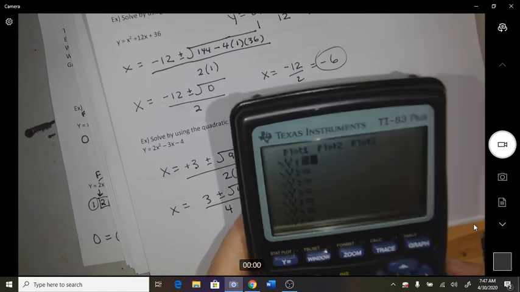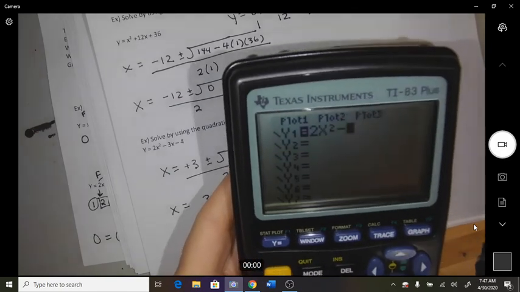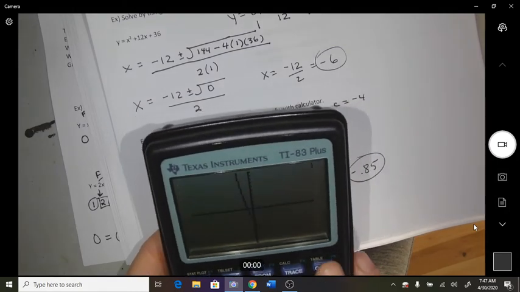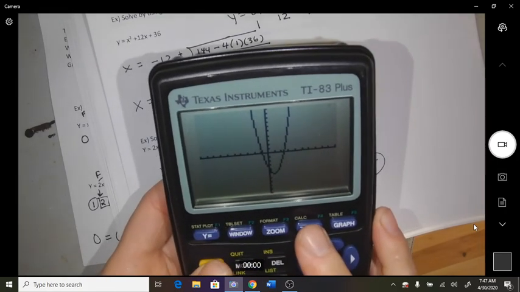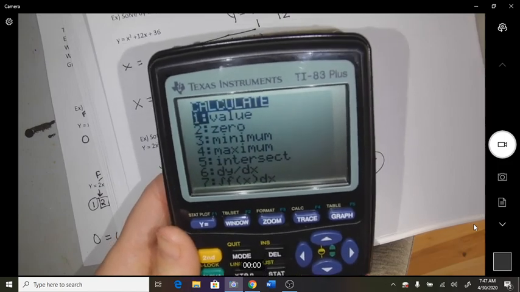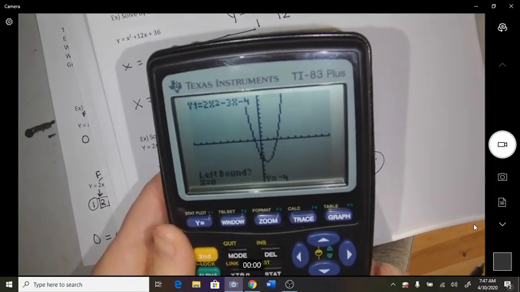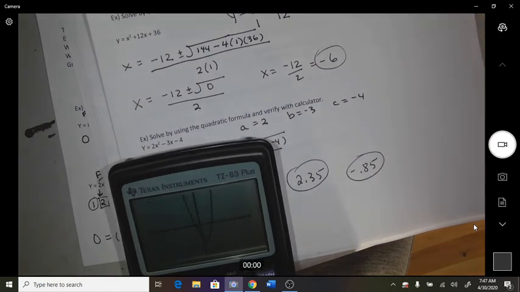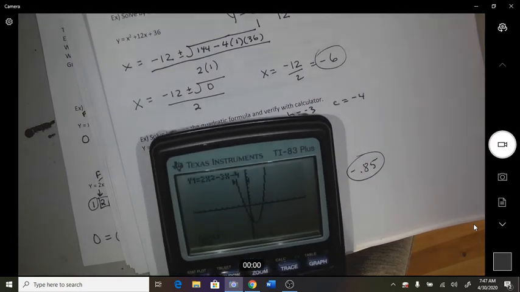Let's graph it. It's 2x squared minus 3x minus 4. Okay, second calculate the 0, left bound. I'm going to go -2 to 0.